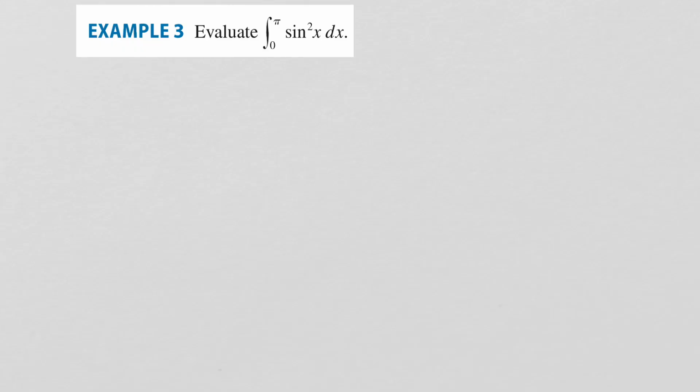So in our next example, we need to deal with the prospect of not having an odd power of sine or cosine. So in this problem, we have the integral of sine squared of x. Now, to do these, it's a completely different process. What we need to remember is that there is a trigonometric identity that tells us that sine squared of x is 1 minus the cosine of 2x divided by 2.